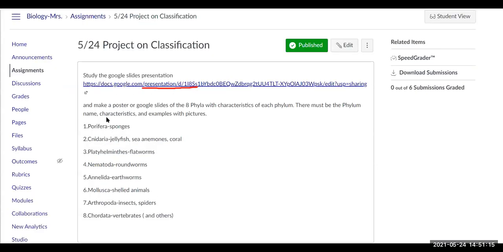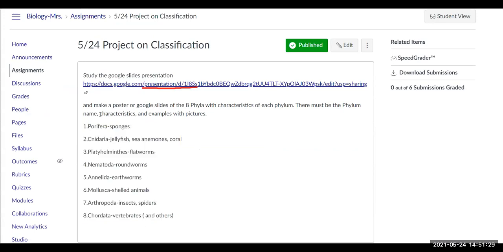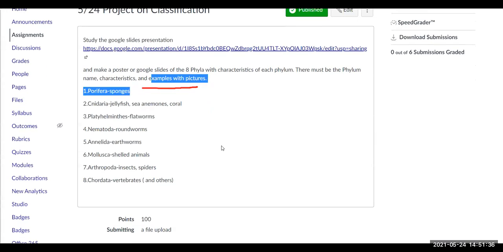Write this, make a poster or Google Slides of these 8 phyla with the characteristics of each phylum. There must be the phylum name, eight of them here. Their characteristics, I already told you about that, but you're going to make your own. And the examples with pictures. So there should be 8 or more slides, 1 slide each, or 2 slides in each phylum, right? Thank you so much, and I hope you have learned something today.